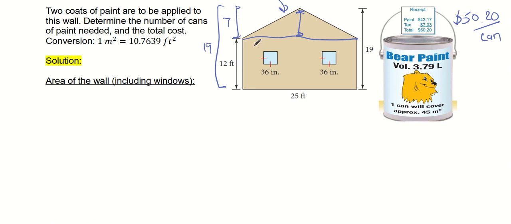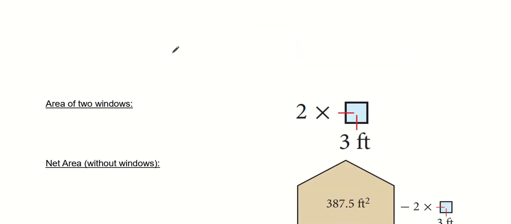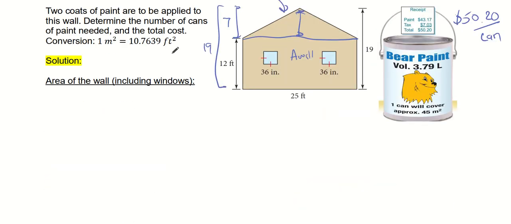So we have to find the area of the wall and the area of the roof. I'm going to break this down into two problems, two shapes.